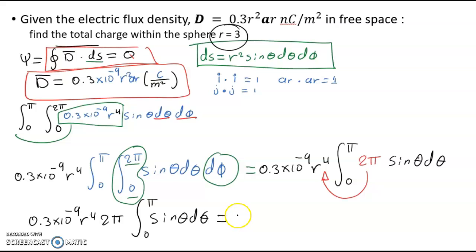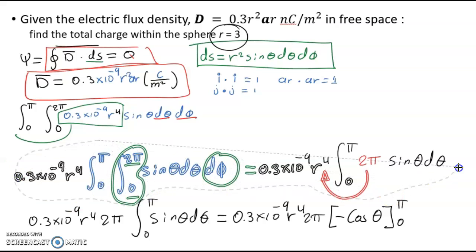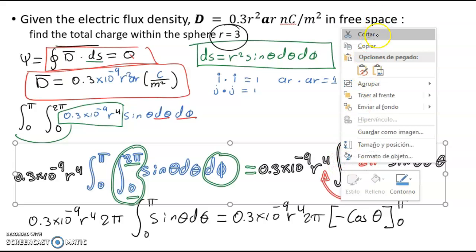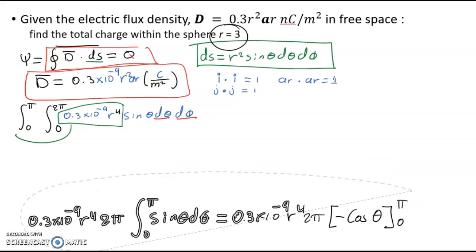So we can write it as 0.3 times 10 to the minus 9 r to the fourth, 2 pi, minus cosine of theta evaluated from 0 to pi. Let's erase this section and open some space to keep working.